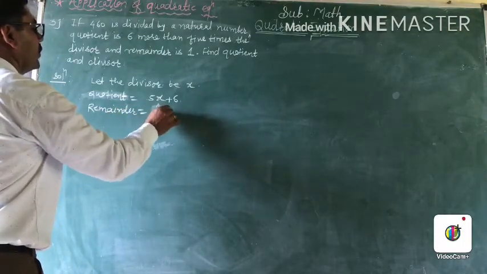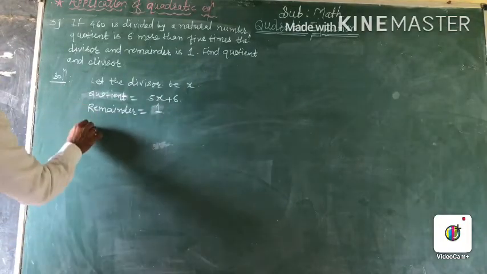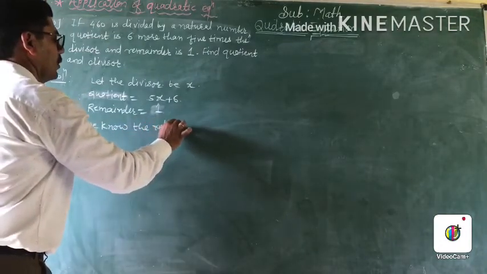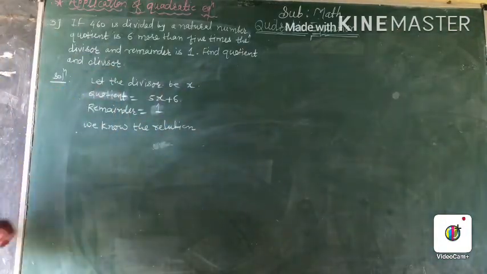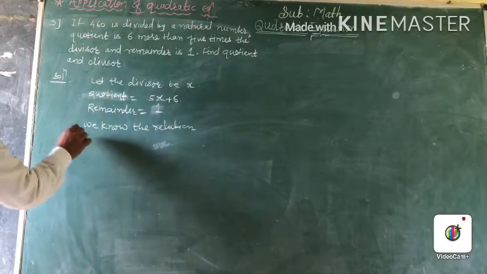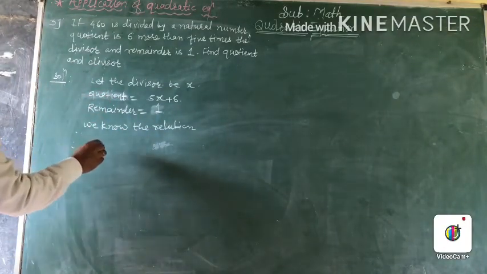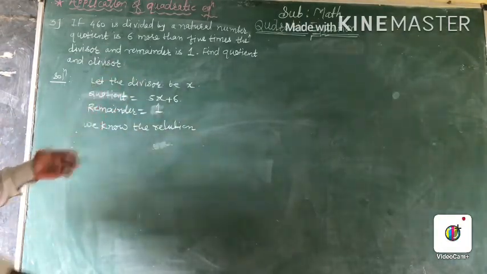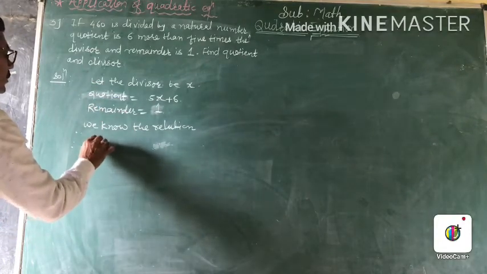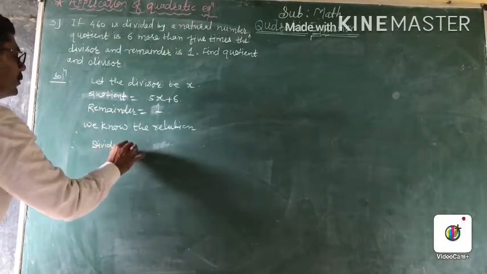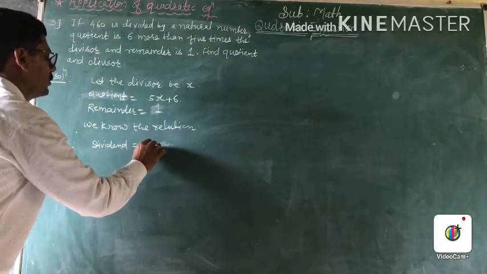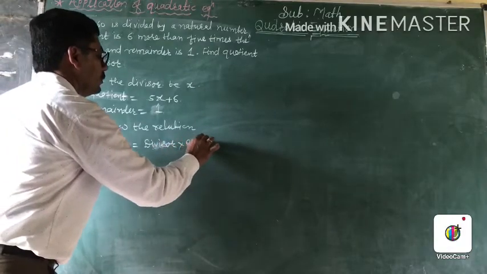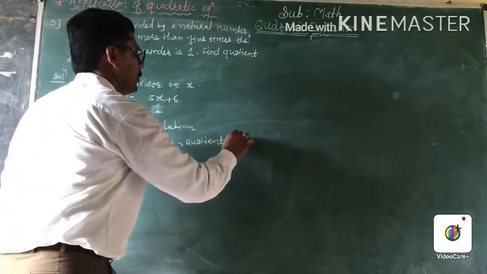Now, we know the relation between divisor, quotient and remainder. What is the condition? The dividend is equal to divisor into quotient plus remainder.